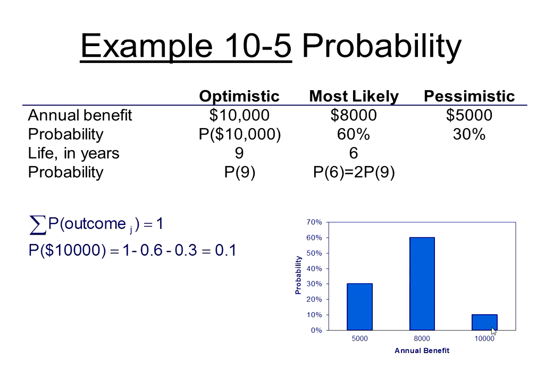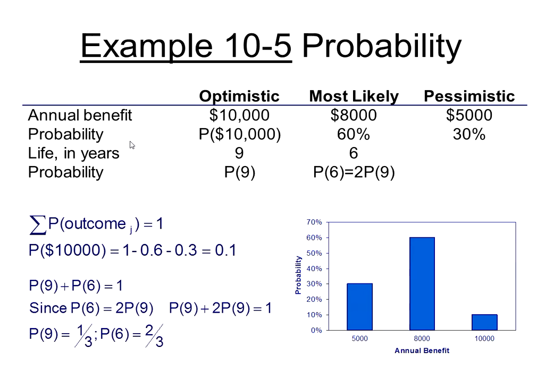So then, if we wanted to find the probability of having a life of 9 years and the probability of having a life of 6 years, we'd also add the probabilities using this rule: P9 plus P6 is 1.